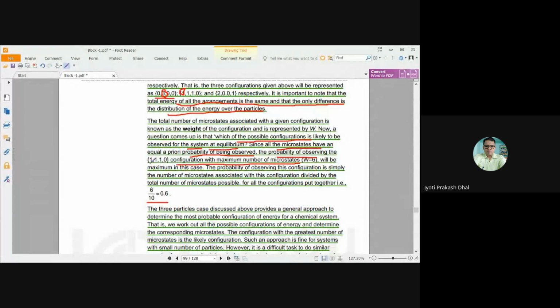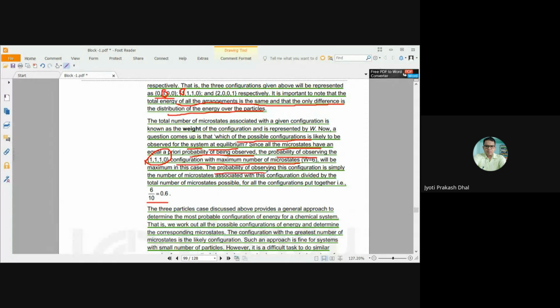Here you can see one particle will be present in the 0 energy level, another particle in the epsilon 0 energy level, and another in the 2 epsilon 0 energy level, having the maximum number of weights, or microstates. So in that case W will be 6.